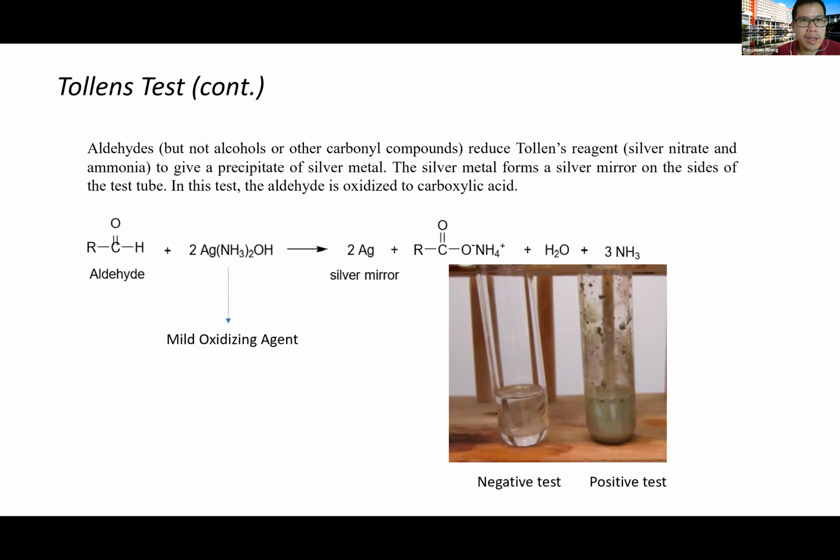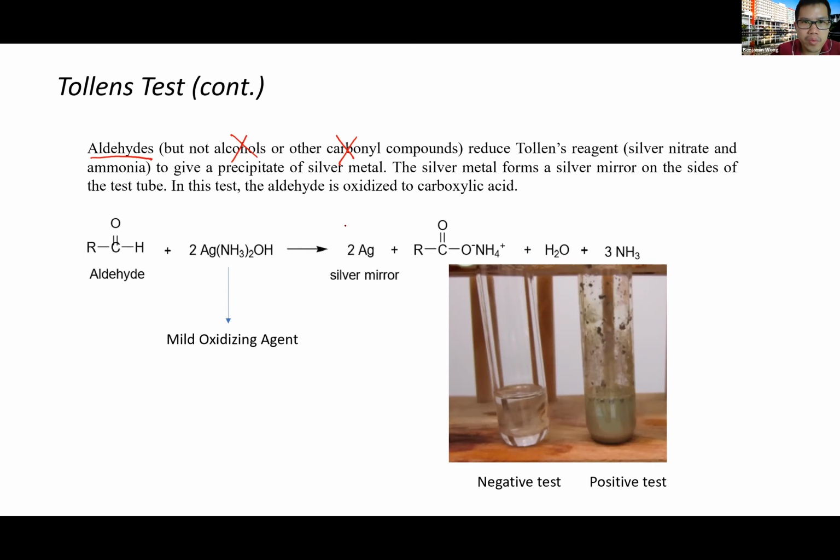So this is a Tollens test. You will be testing for aldehydes and ketones. Only the aldehydes, not alcohols, not ketones, can reduce the Tollens reagent. Once reacted, you will form the silver.